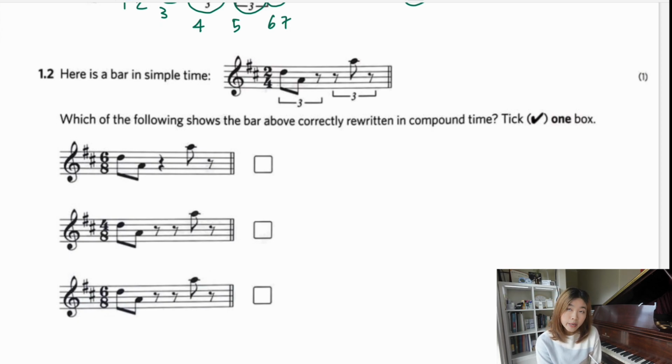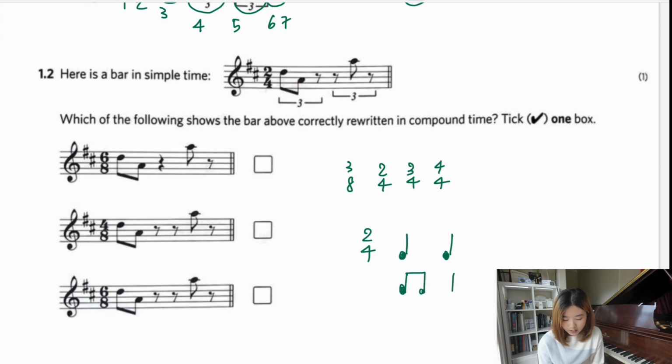So what is compound time and simple time? Examples of simple time are 3/4, 2/4, 4/4, or 3/8, and each beat is divided into 2 sections. For example, if we have 2/4, we have 2 quarter notes, and each quarter note can be evenly divided into 2 eighth notes.